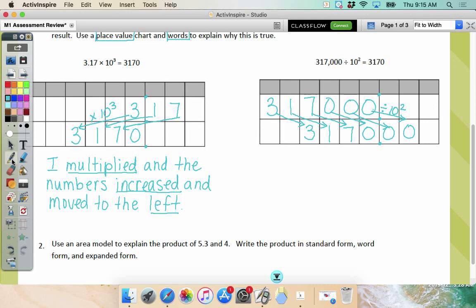Okay, so how is this one different? Which way did my digits move? Left. Or right. Right. Did they increase or decrease? Decrease. And am I multiplying or dividing? Divide. So all we have to do is change these three words, correct? Yep. All right, so I divided.